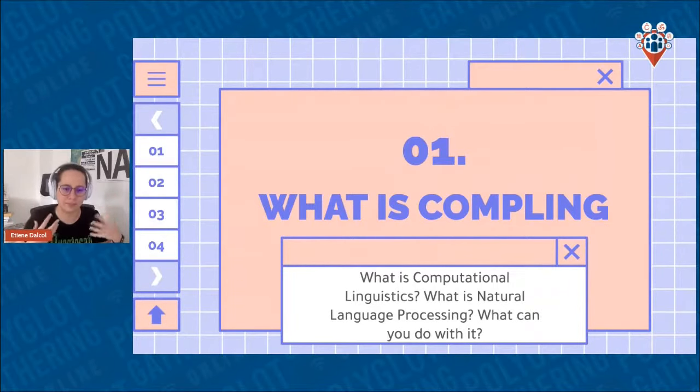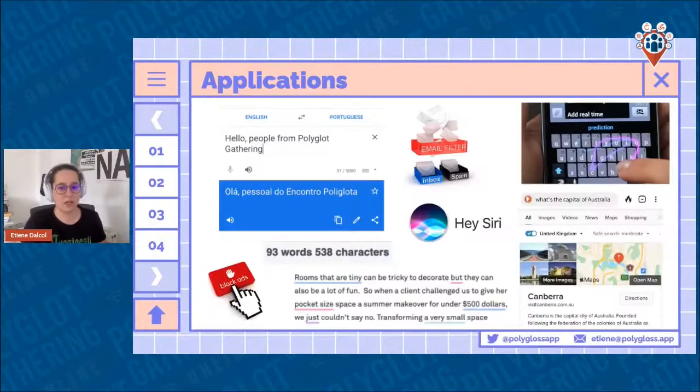doing all of the processing necessary to investigate more about languages and create applications with it. So for example, you might have already interacted with plenty of these applications, right?